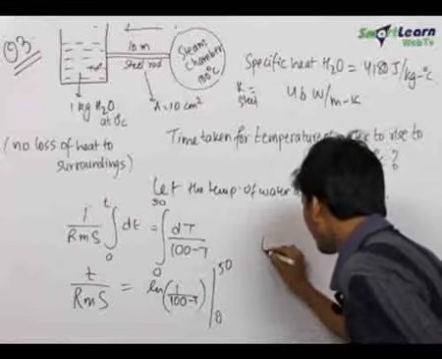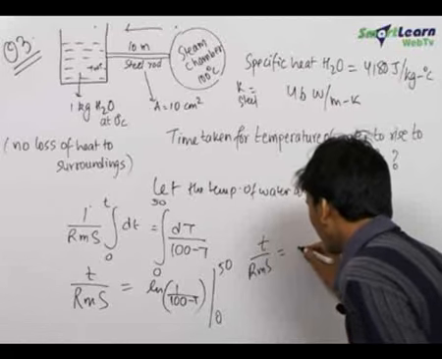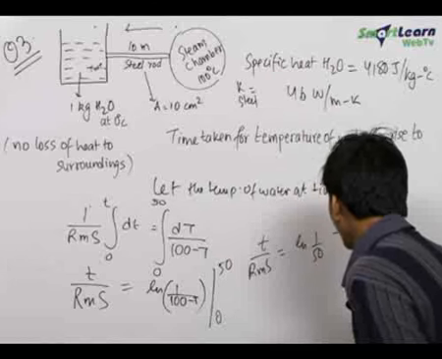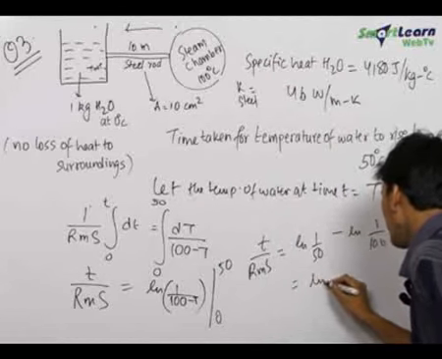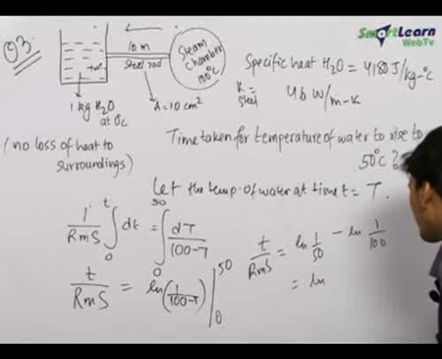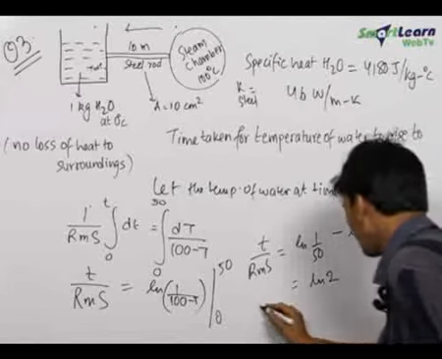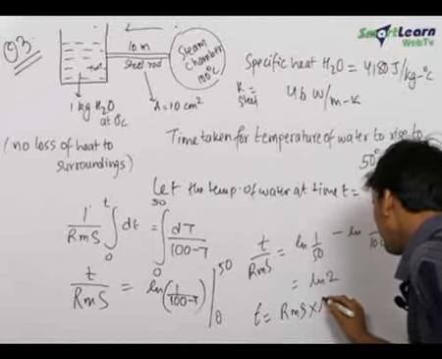On solving this we get t upon RmS is equal to ln of 1 upon 50 minus ln of 1 upon 100. This is equal to ln of 1 upon 50 divided by 1 upon 100, that is equal to ln 2. Therefore we get the time as R into m into S into ln 2.